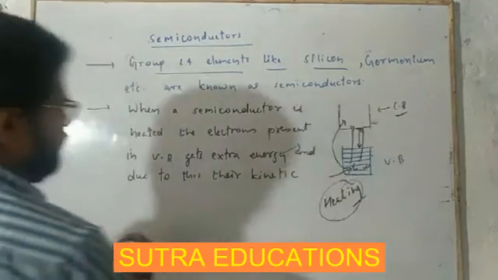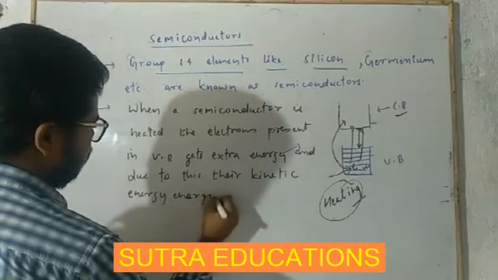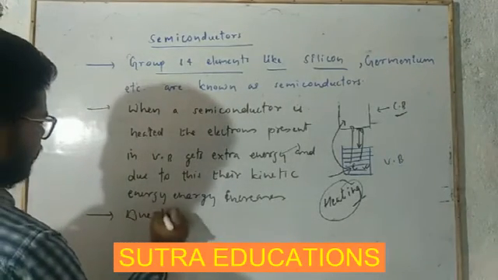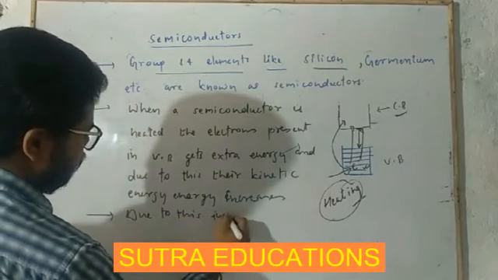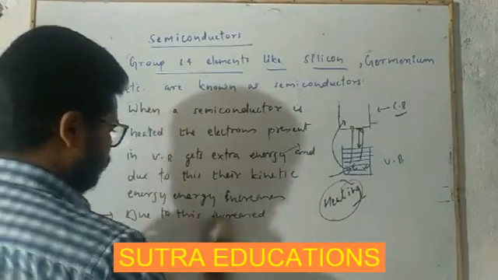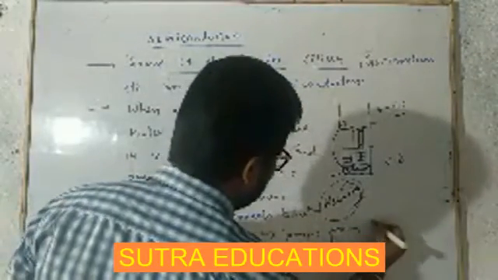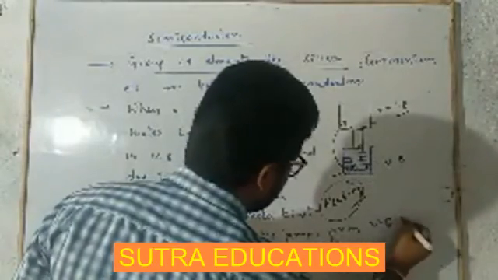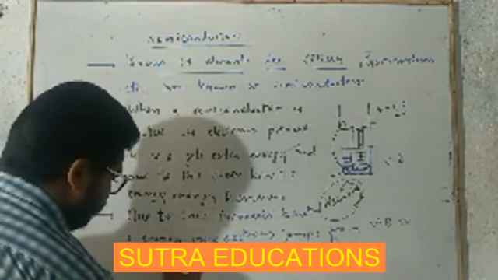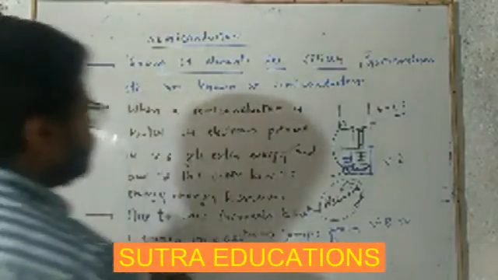Due to this increased kinetic energy, they jump from the valence band to the conduction band, hence increasing the conductivity of the semiconductor.